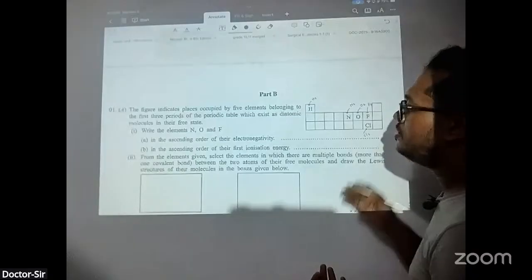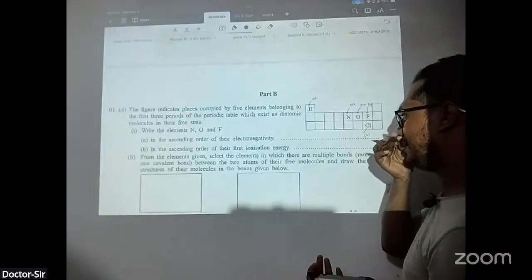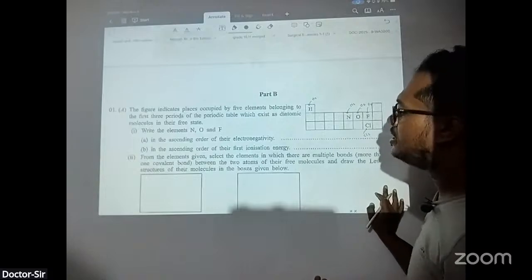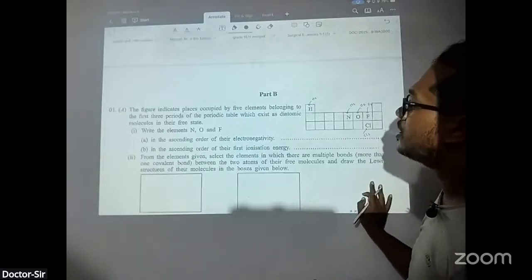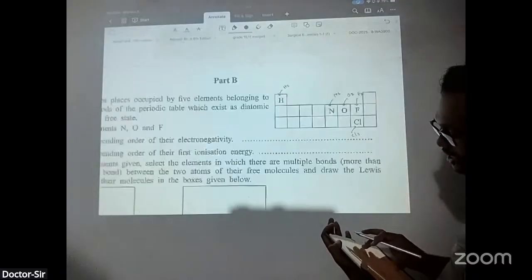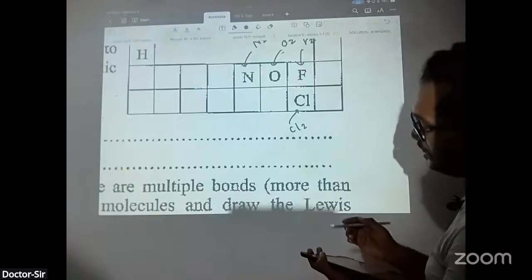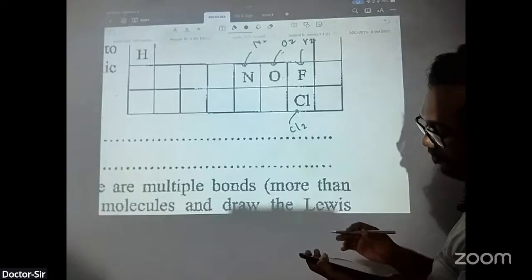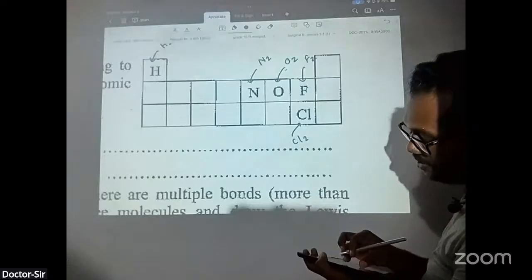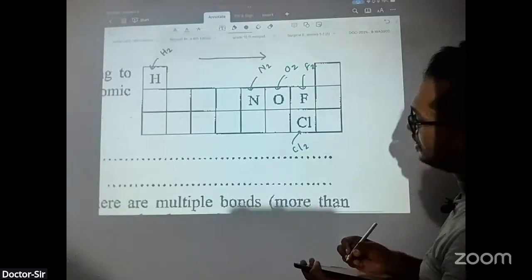Right. Write the elements nitrogen, oxygen, fluorine in ascending order of their electronegativity. Nitrogen, oxygen, fluorine. What will happen to electronegativity? Will it increase along the period from left to right or decrease?